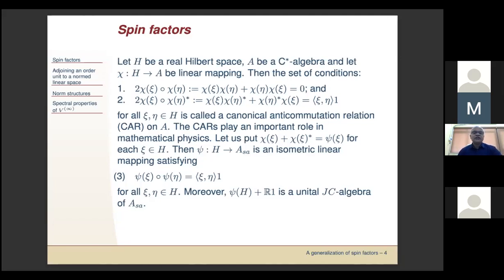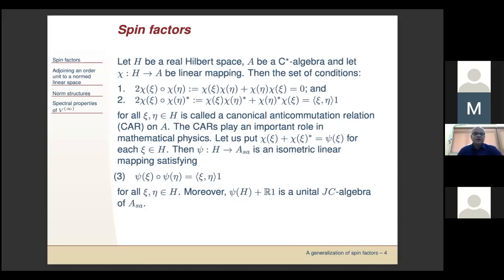So what we do next is add chi xi to chi xi star and define a new operator psi of xi, so that we now get an isometric linear mapping from H into the self-adjoint part of the C* algebra A. This satisfies condition 3, namely the Jordan product or symmetrized product of psi xi with psi eta results in the inner product of xi and eta multiplied with the identity operator.